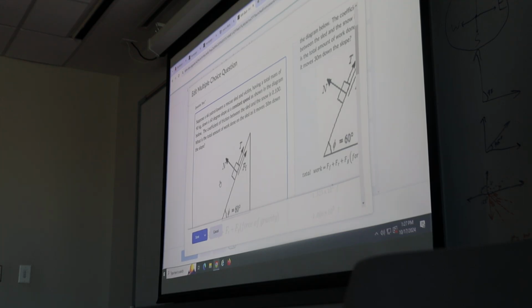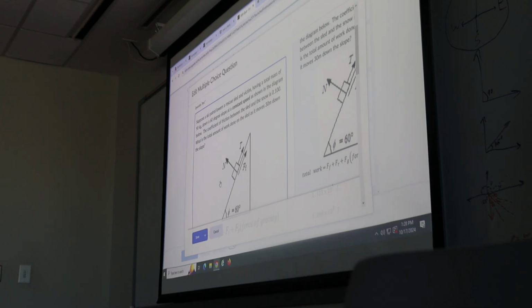But I don't know exactly what this force is. I have a distance, but I don't know what the force is. So what's my force? F equals what? Right, F equals ma, but I don't know what the acceleration is.